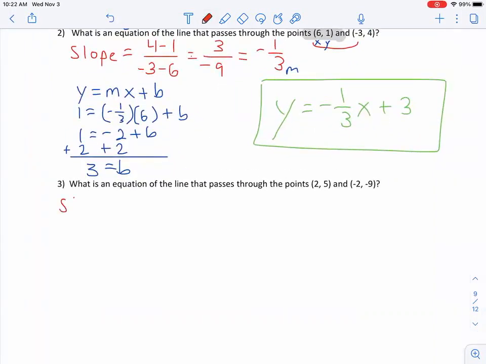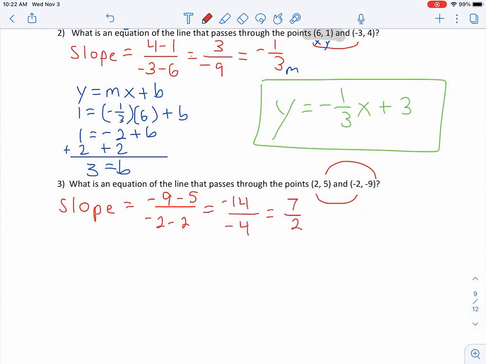So to find the slope, which we do first, we subtract the y's on top. So -9 minus 5. And our x's on the bottom. -2 minus 2. And so I have -14 over -4.